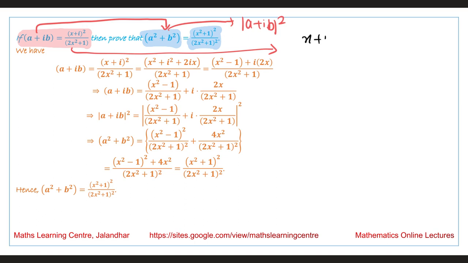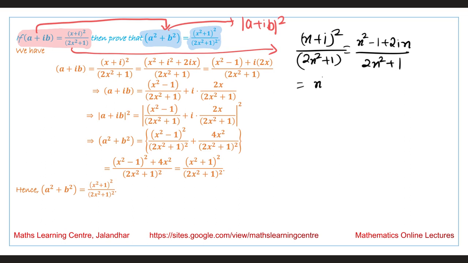We have (x plus iota) square divided by 2x square plus 1. So in the numerator we have x square minus 1 plus 2 iota x over 2x square plus 1. So this is equal to (x square minus 1) over (2x square plus 1) plus iota 2x over (2x square plus 1).